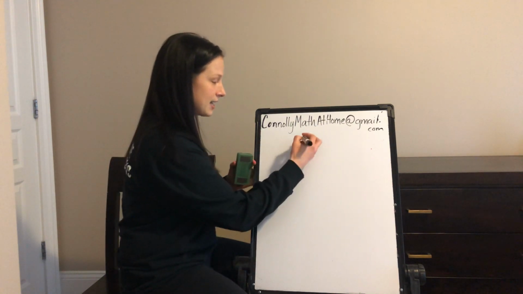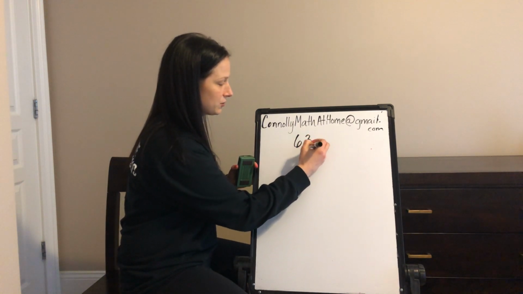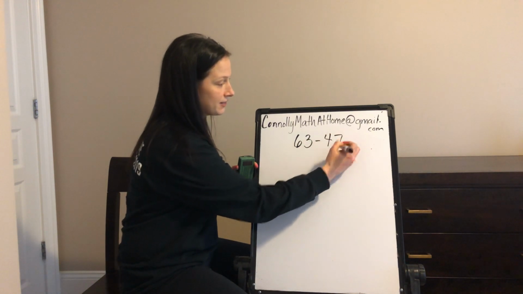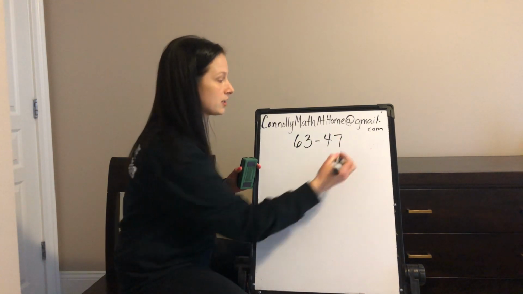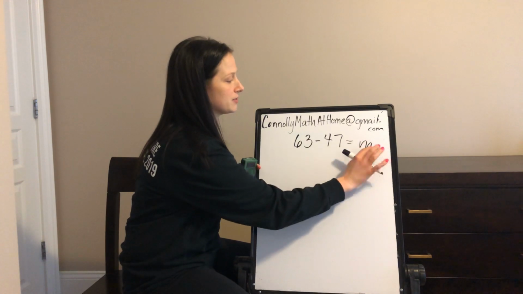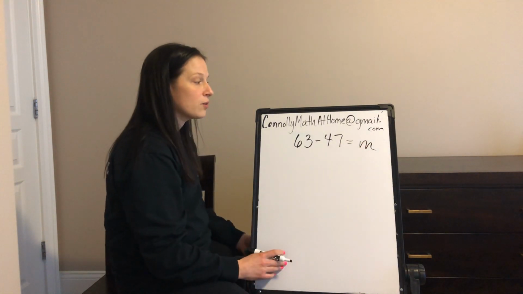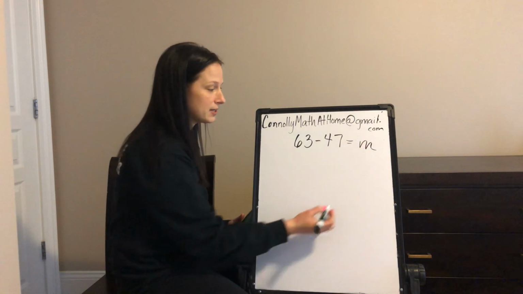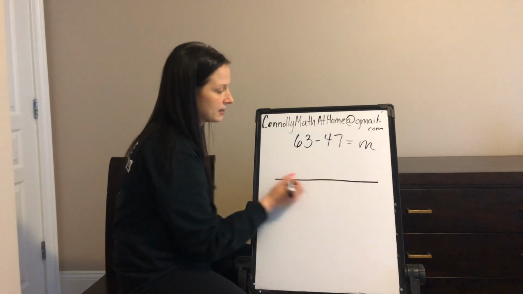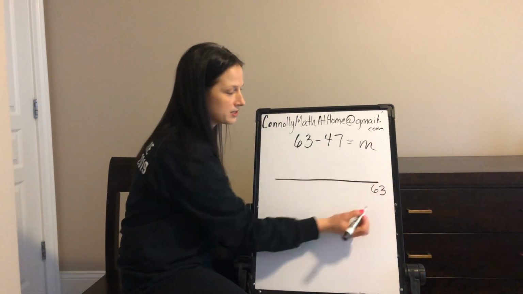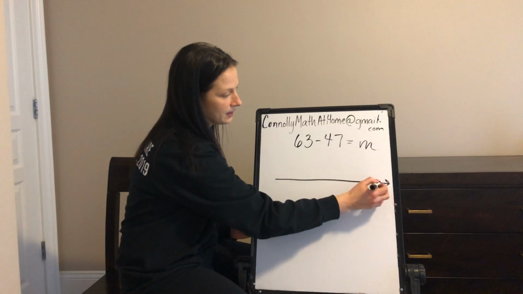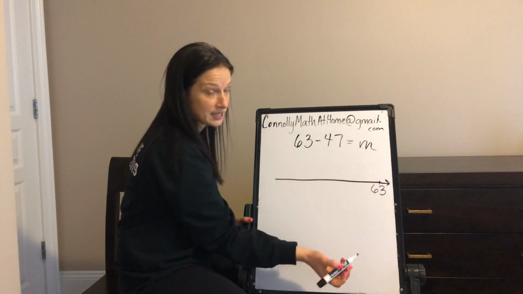So let's say that we have 63 minus 47, showing you with whole numbers first, okay? And we'll call our difference here m. So one thing that students might do in whole numbers is start with 63 and then subtract in parts.